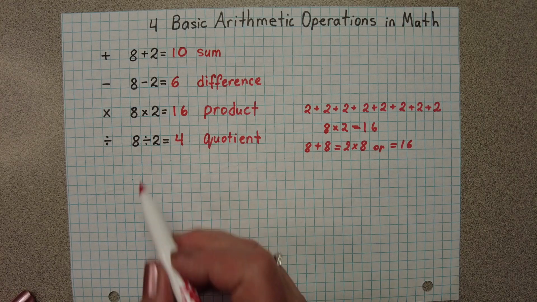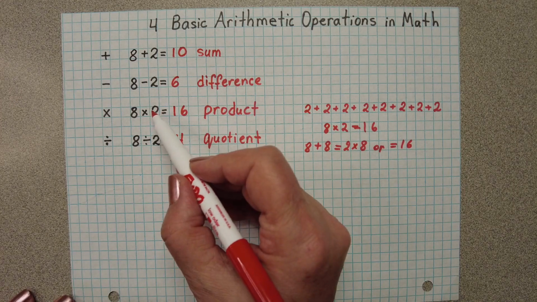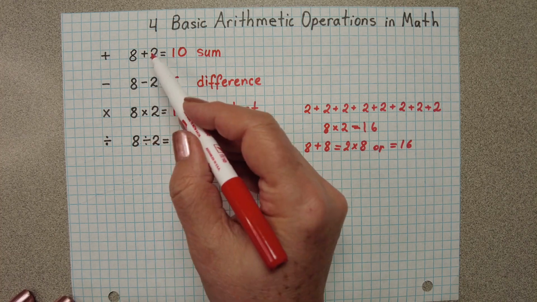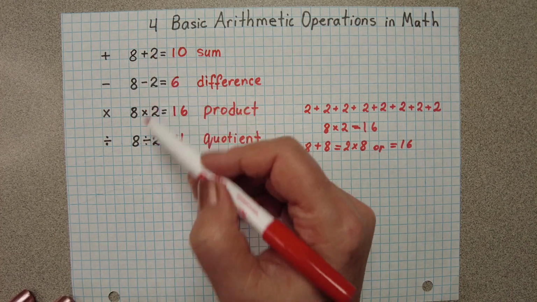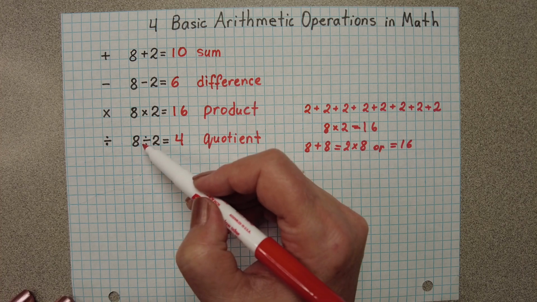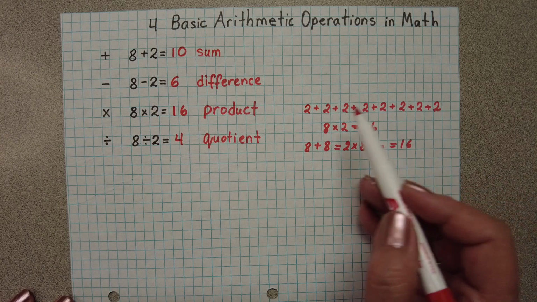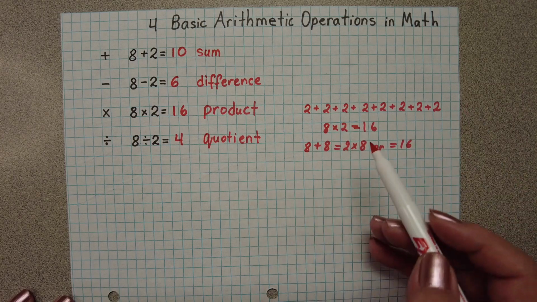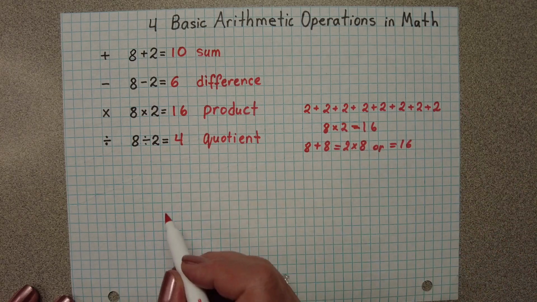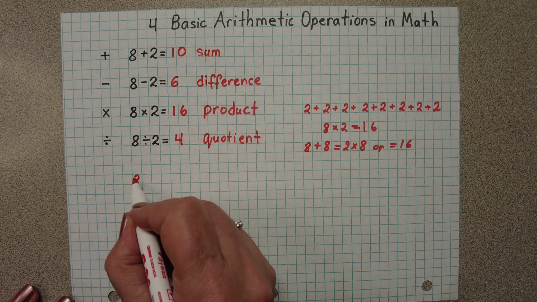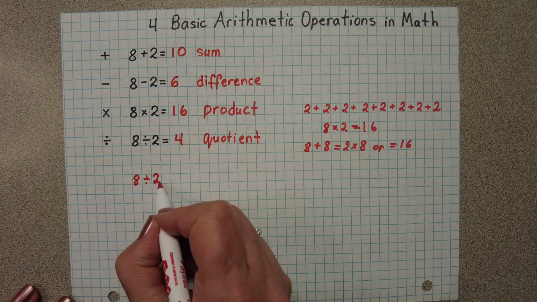What about division? Usually multiplication and division, like addition and subtraction, are opposite to each other. Division is the opposite of multiplication. Here we add repeatedly. For division we subtract. Let's say this example, we have 8 divided by 2.